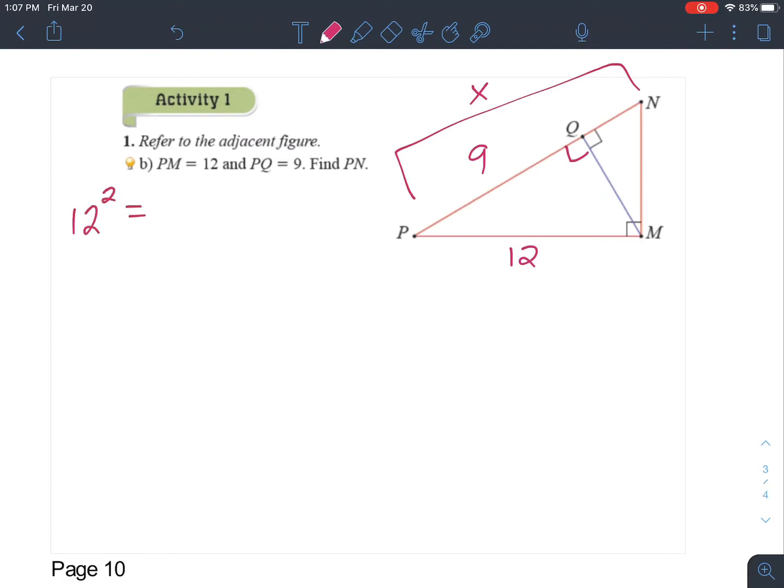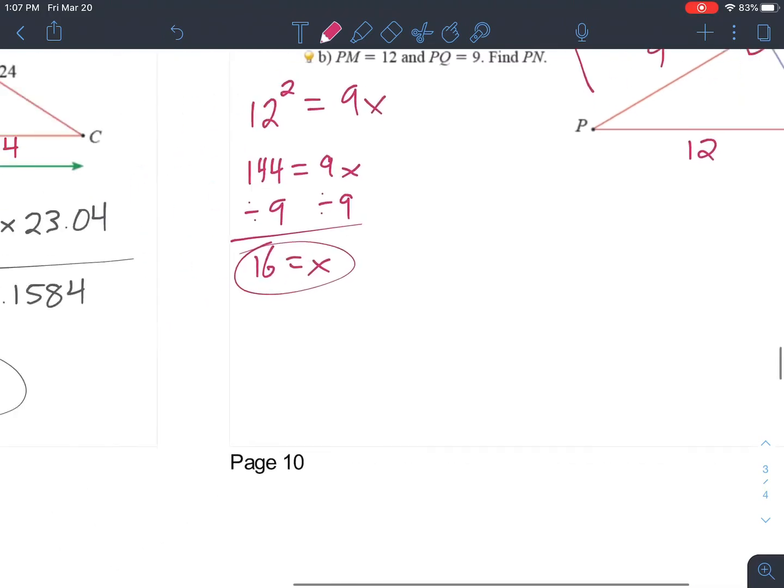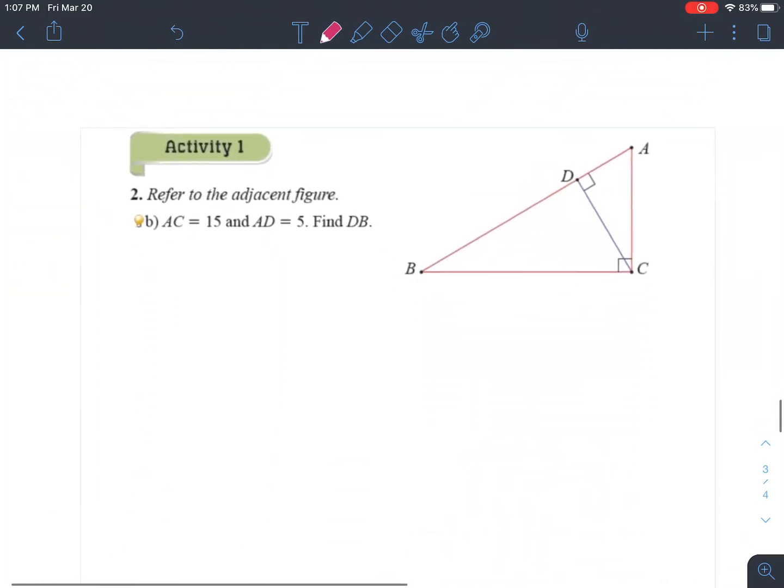And then it's supposed to be the small side times the long side, so 9 times x. 12 squared is 144. Then we just have to divide by 9. And I believe that is 16 off the top of my head. Yes. 16 equals the missing value.